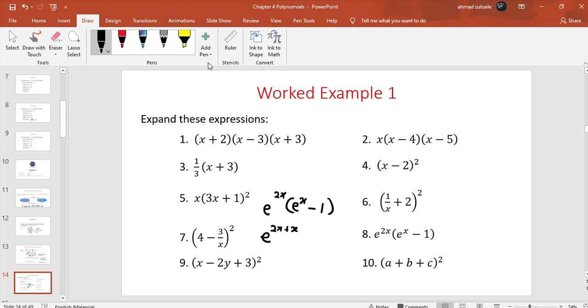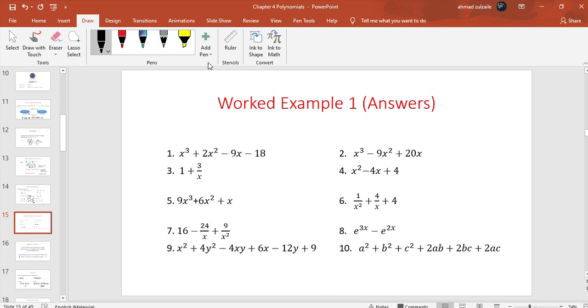Then multiply with negative 1, then you have e to the power of 2x. So these two give you e^3x minus e^2x. Here is the answer for number 8. Again, you are using the indices law to solve this question. For the rest, I believe you can do it on your own, and I also provide the answers over here.